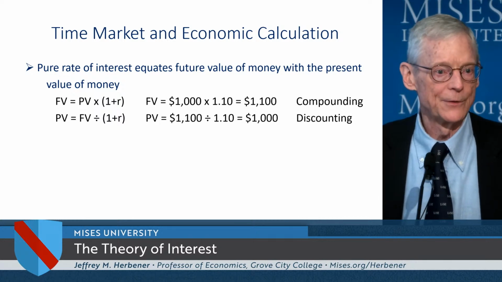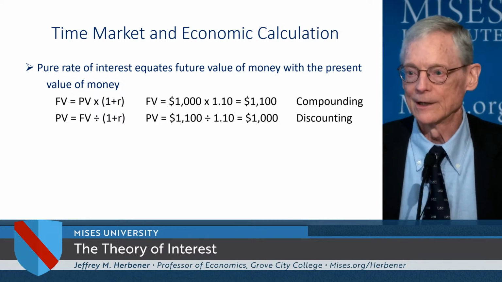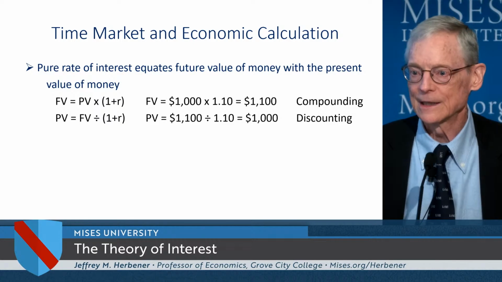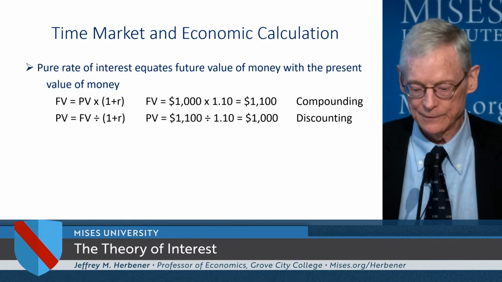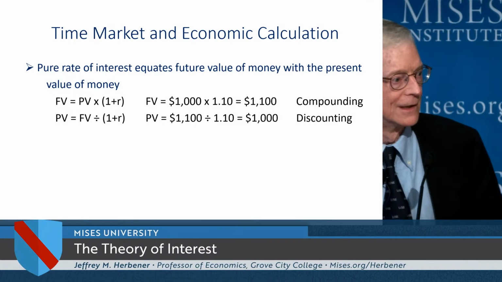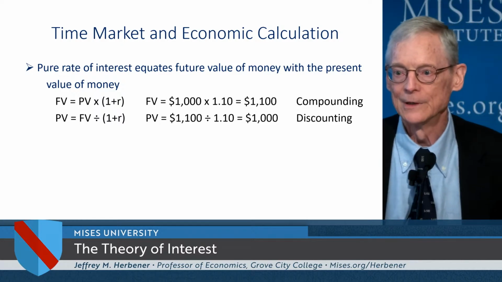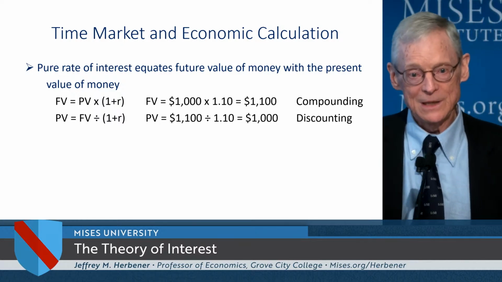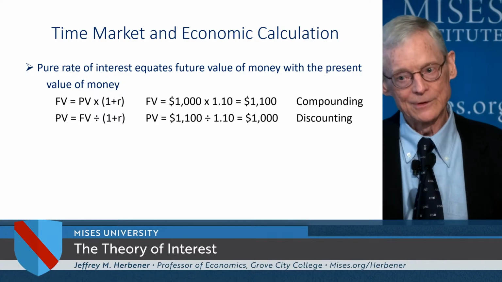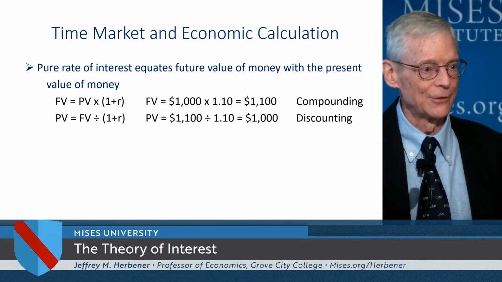And we're all familiar with this, with compounding, right? You go down to the bank, you take out a CD, you lend them $1,000, the interest rate's 10%, a year later, they pay you $1,100. The interest rate then means that you can either have $1,000 in your hand or you can have $1,100 in a year.